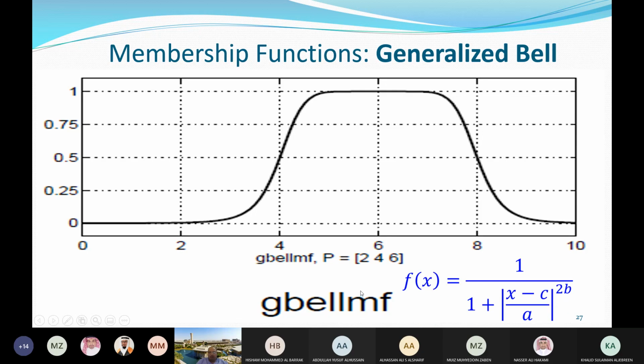This function is defined as 1 over 1 plus the absolute value of (x minus c over a) to the power 2b, and you need to define a, b, and c. So this is a, this is b, and this is c. When you define these 3 parameters, you can characterize the generalized Bell function as such.